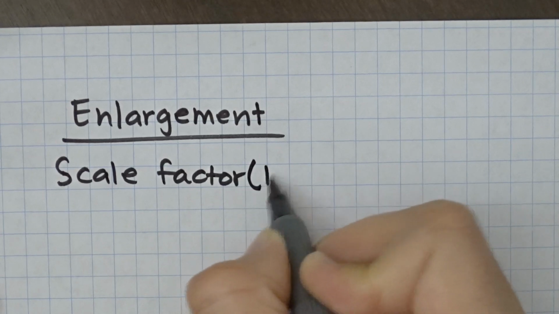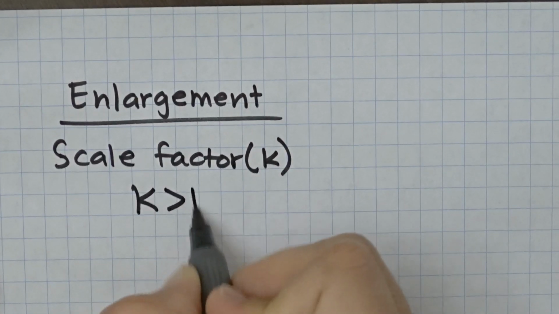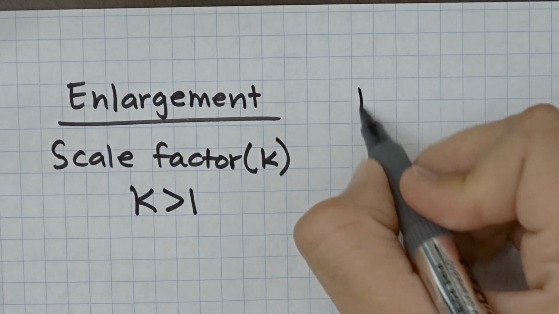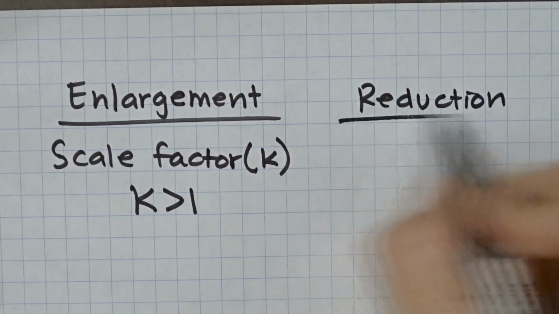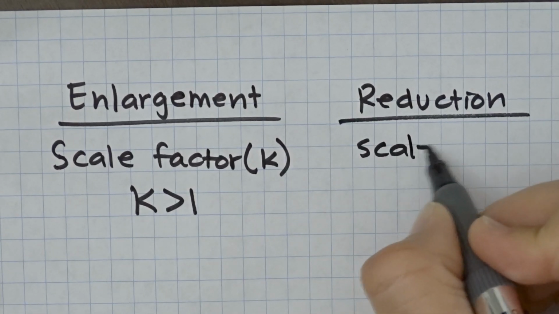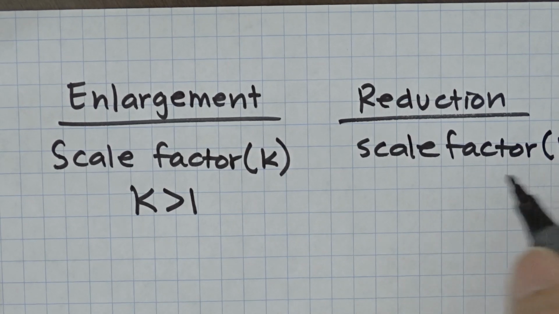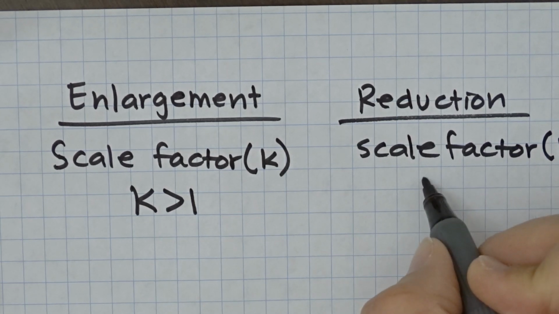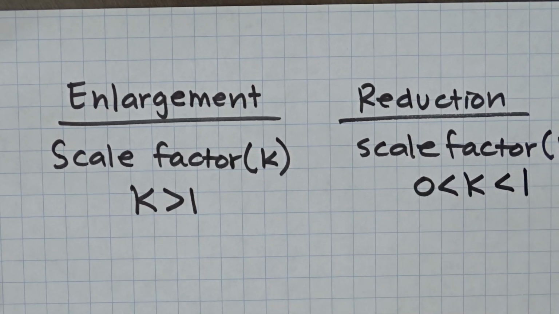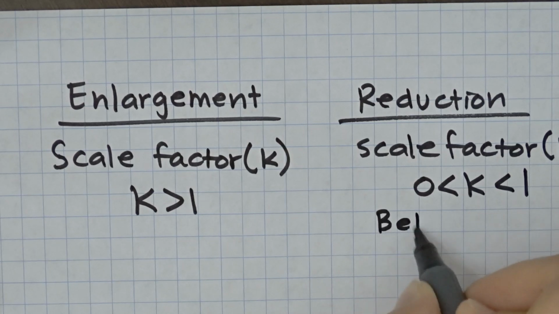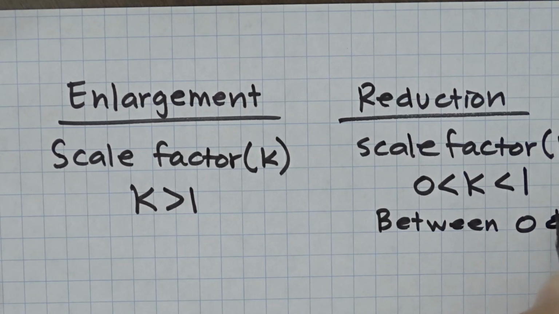The scale factor we call K. So your scale factor, if it's going to be an enlargement, is going to be greater than 1 whole. And if you have a reduction, your scale factor, which again we call K, is going to be greater than 0, but also less than 1. Or you can write between 0 and 1.